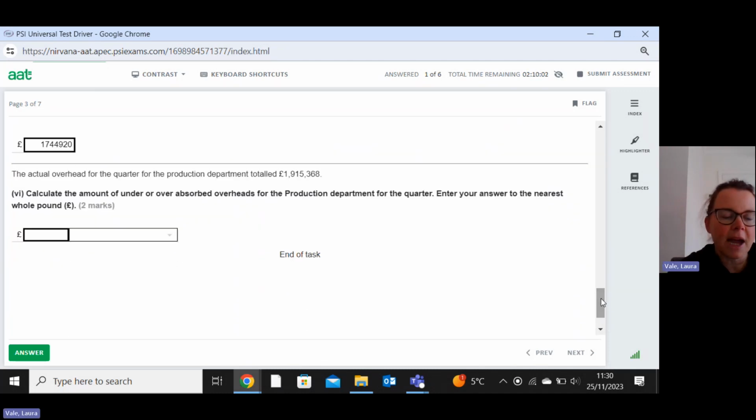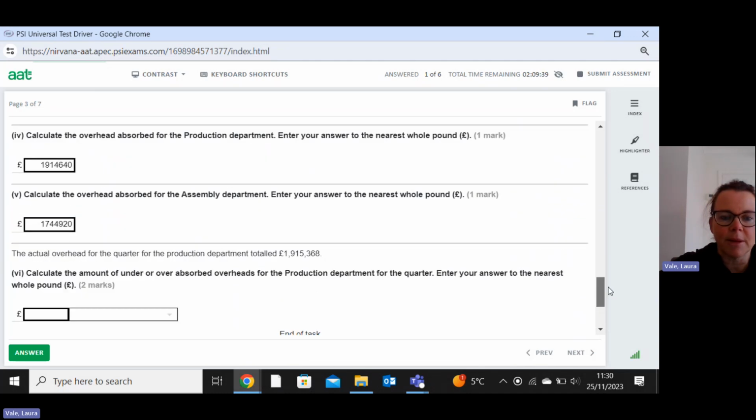Right, last bit. Calculate the amount of under or over absorbed overhead for the production department for the quarter. Enter your answer to the nearest whole pound. Right, so it tells us that we've actually incurred 1,915,368. Looking at the production department, we worked out that we absorbed 1,914,640.